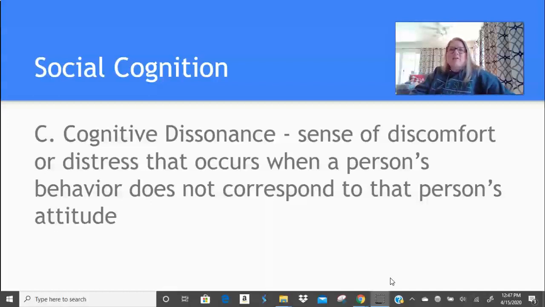The fact that he is not living by what he says his value system is probably going to cause some discomfort within himself. Because he's doing exactly the opposite of what his value system says. If he says he values family, but he's cheating on his wife, what is he doing? He's doing something that would actually destroy his family.